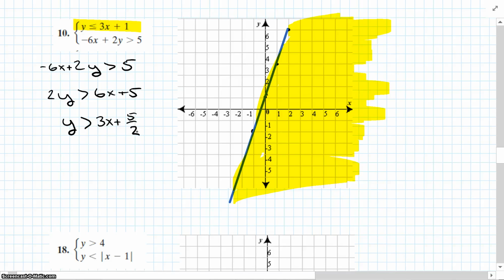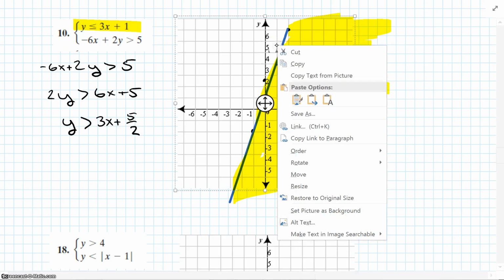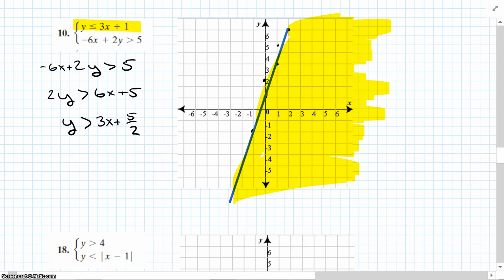So I have a y-intercept of 2.5 and a slope of 3. So we go up 3, 1, 2, 3 over 1.